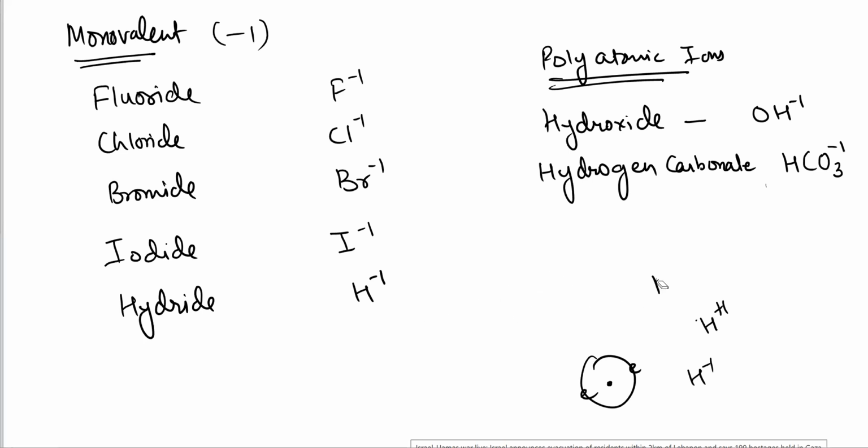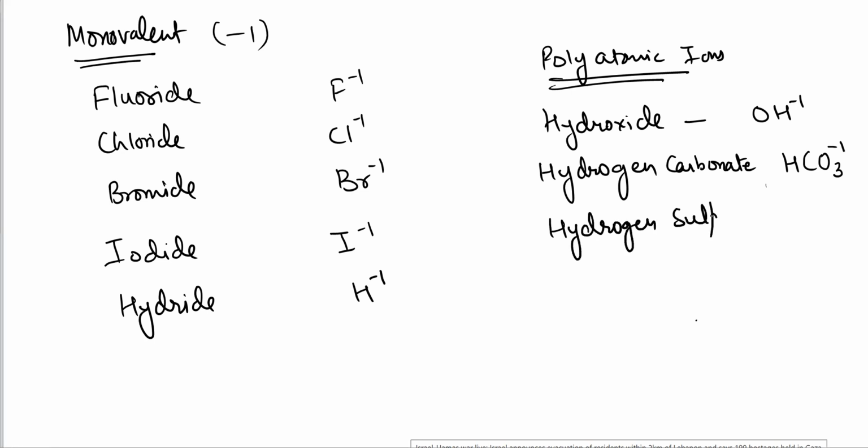Now one more polyatomic ion that is going to have -1 valency. Hydroxide, hydrogen carbonate. Then we have ammonium, we have done. Hydrogen sulfate, that is HSO4.